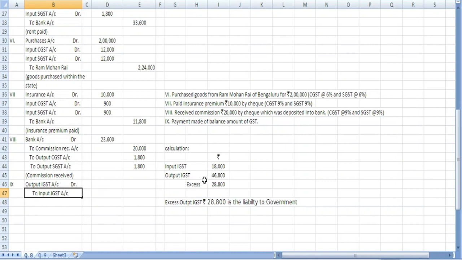So first we will settle the 18,000 that we had already paid at the time of purchase, at the time of expense. So we will write here 18,000 on this side and 18,000 on this side.